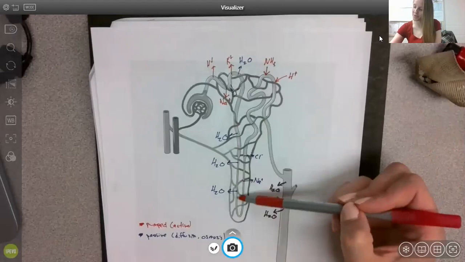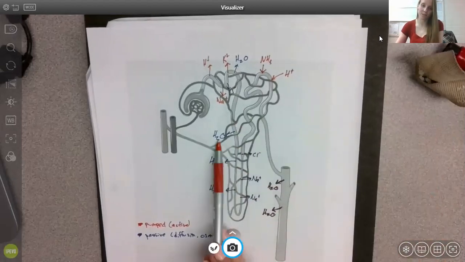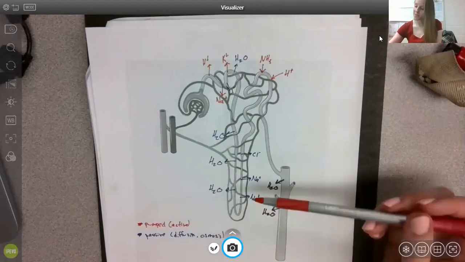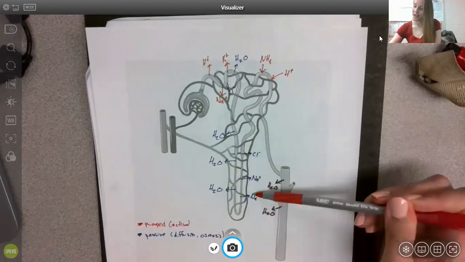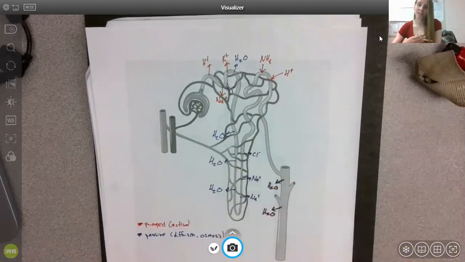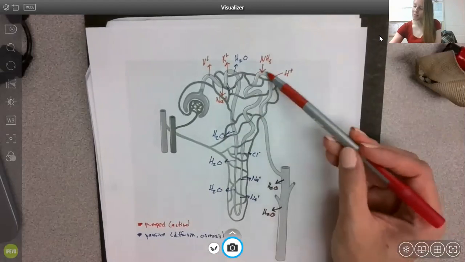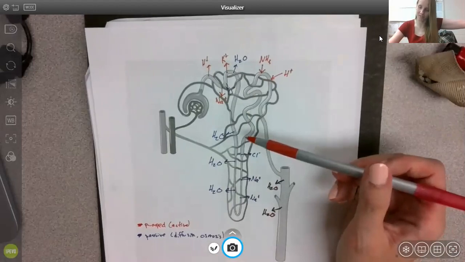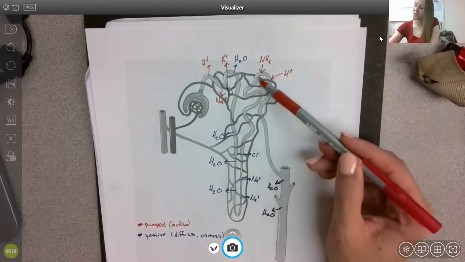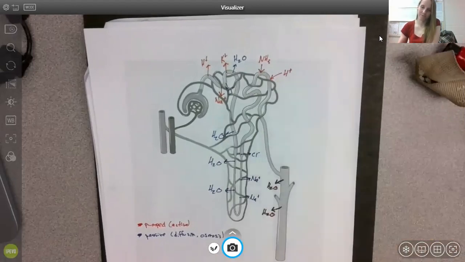Then in the descending loop of Henle, water continues to leave because of osmosis. As we go up the ascending side of the loop of Henle, salt ions start to diffuse out. Then we get into the distal tubule, which is distant from the start. Here ions like ammonia and hydrogen are pumped into the nephron.